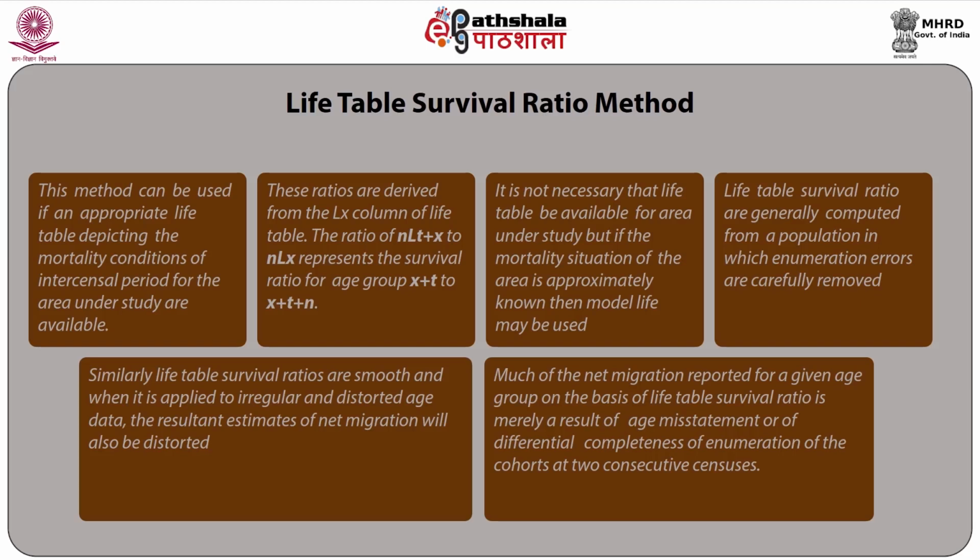Consequently, much of the net migration reported for a given age group on the basis of life table survival ratio is merely a result of age misstatement or of differential completeness of enumeration of the cohort at two consecutive censuses.